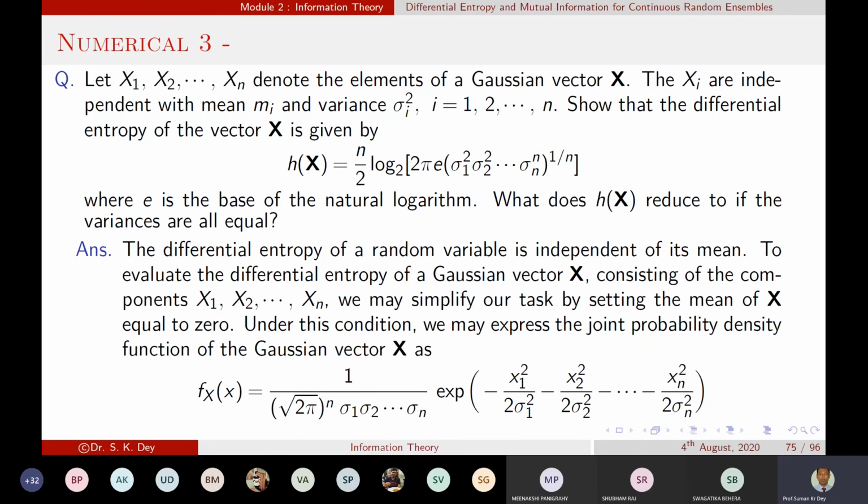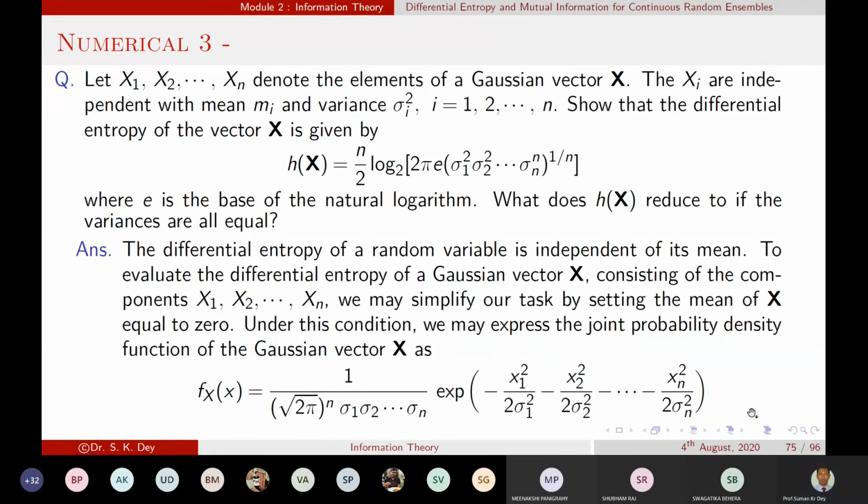What is the probability density function for the Gaussian vector? Gaussian expression, what is this? Check. You have to remember this thing. A probability density function, that is the general term. And when there are 2 or 3 terms, we are multiplying.